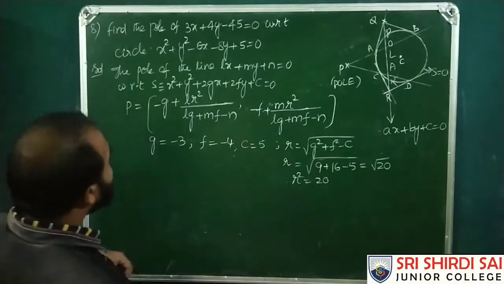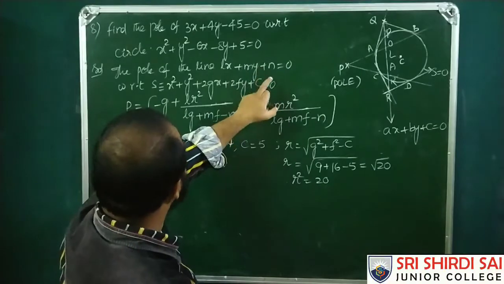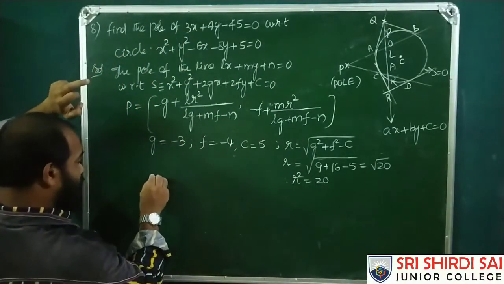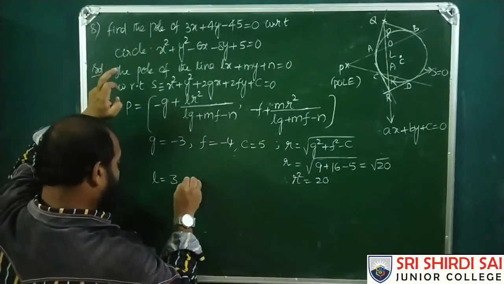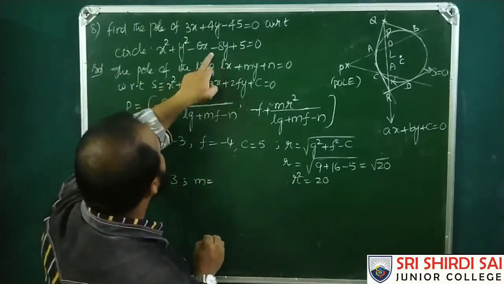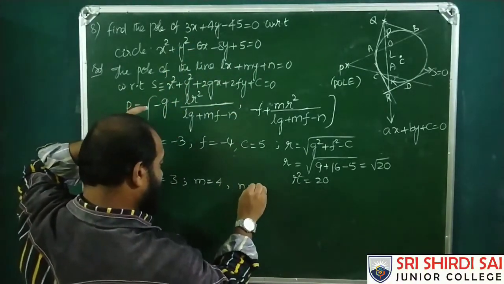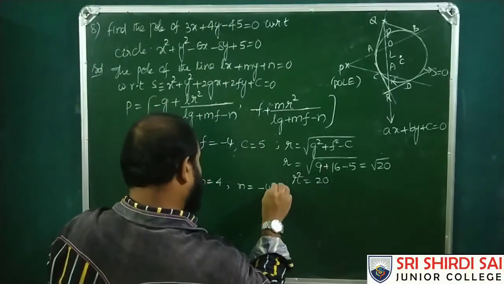Here lx + my + n = 0 is to be compared with this. So the coefficient l equals 3, m equals 4, n equals minus 45.